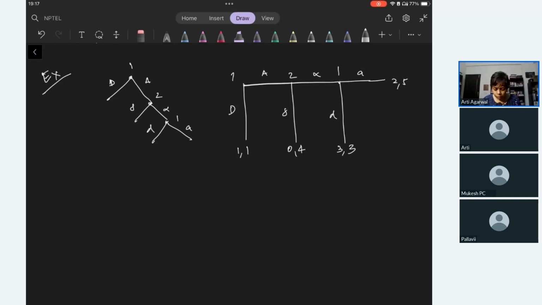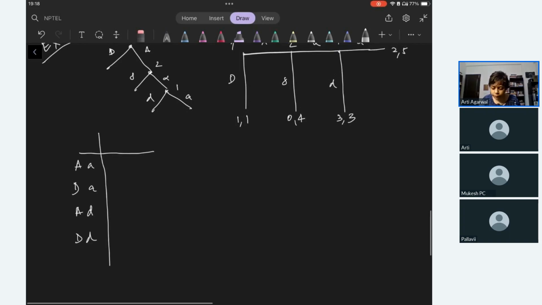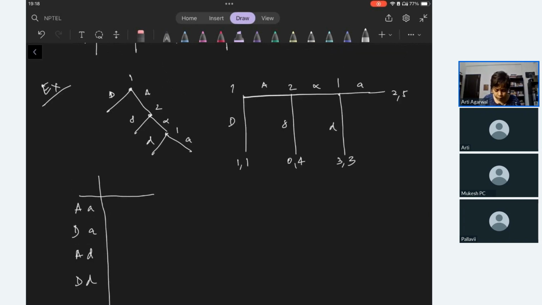Great. These are the four strategies of player one.